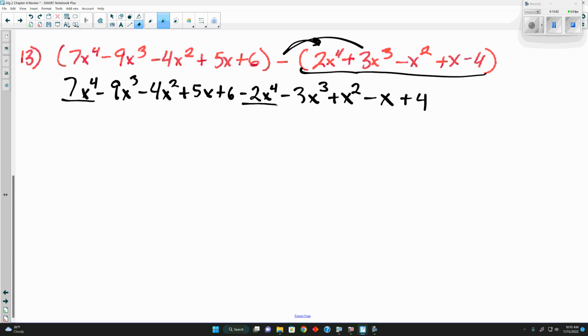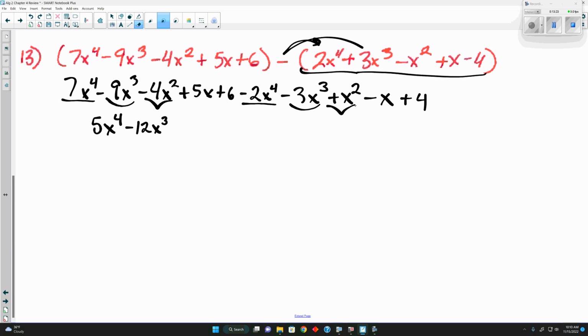Now we can combine our like terms. 7x to the fourth minus 2x to the fourth is 5x to the fourth. Our next one is thirds. Negative 9x cubed minus 3x cubed is negative 12x cubed.